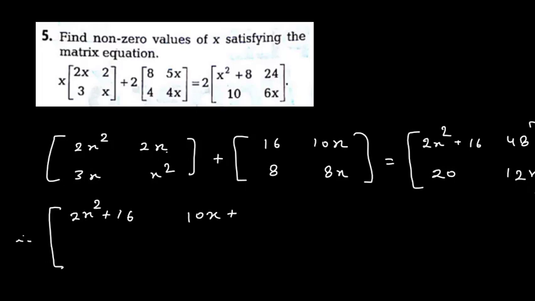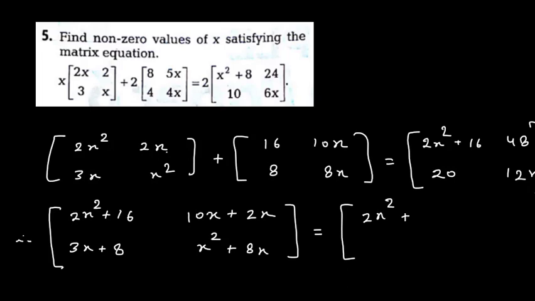Then here we have 3x plus 8, and finally we have x square plus 8x. And on the right hand side we have 2x square plus 16, 48, 3x plus 8, 20, and here I have 12x.